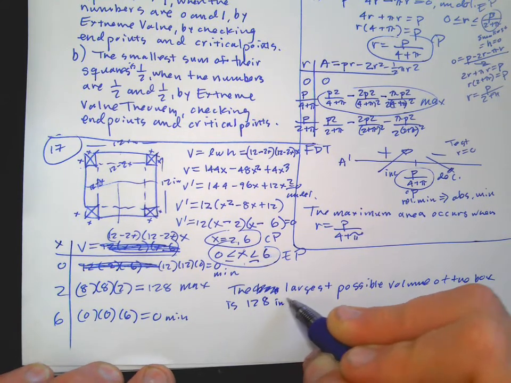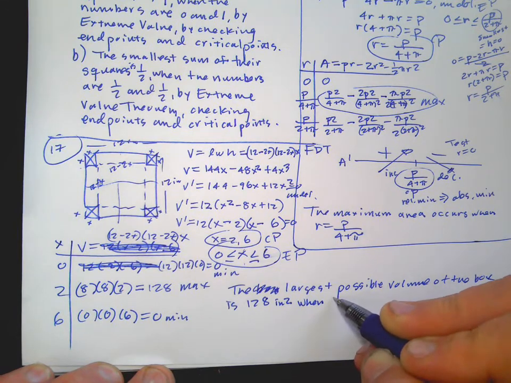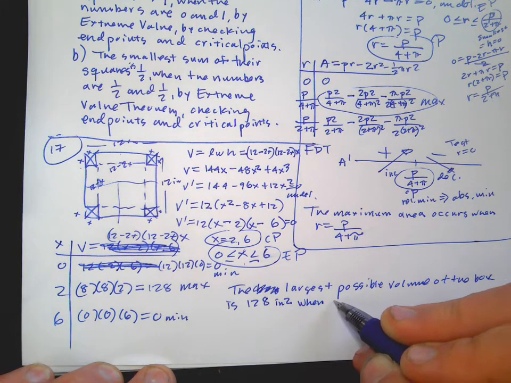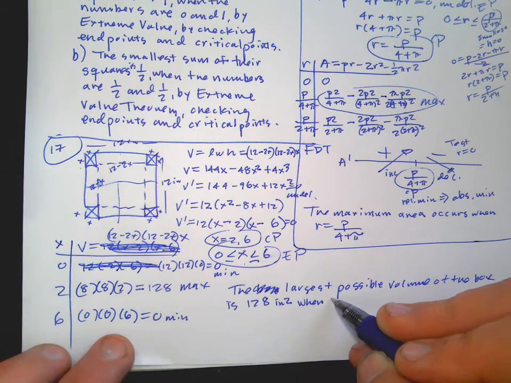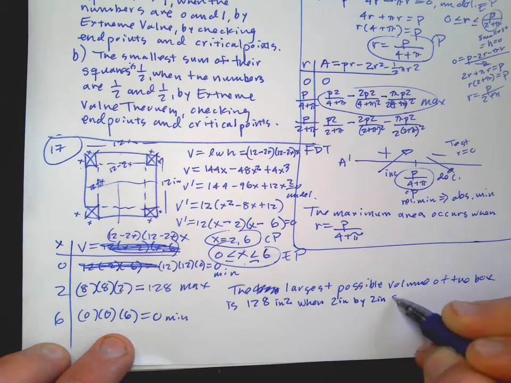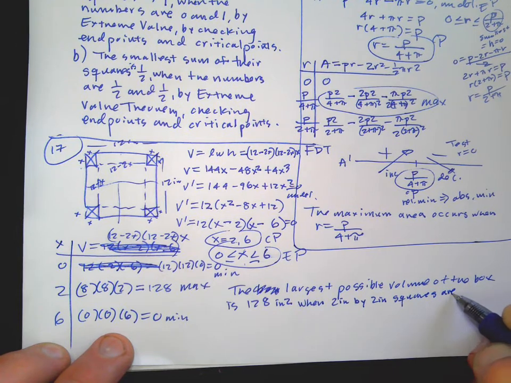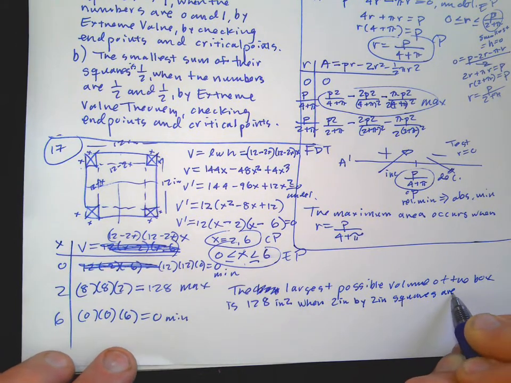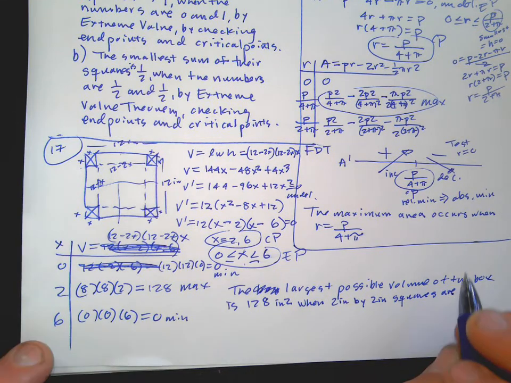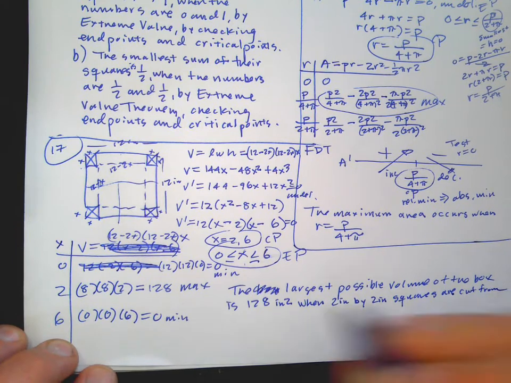Cubic inches. And the x is this, the 2 inch by 2 inch squares are cut from the four corners.